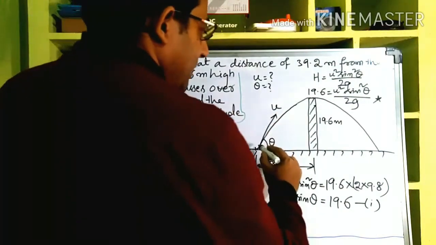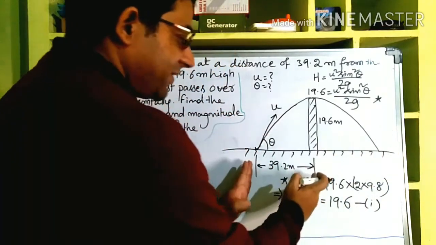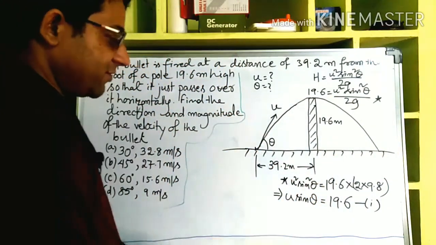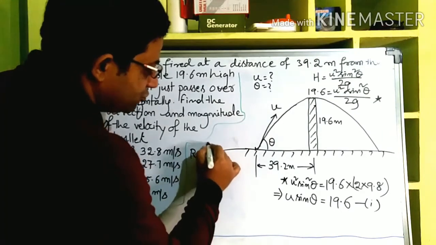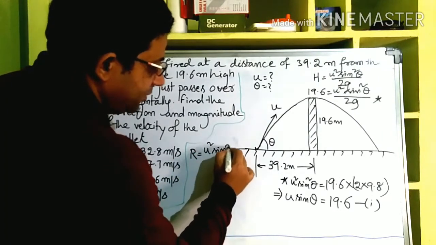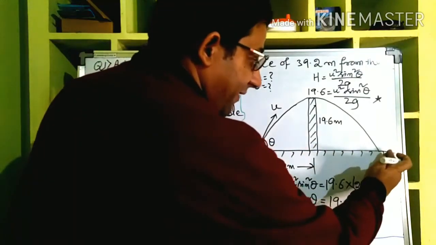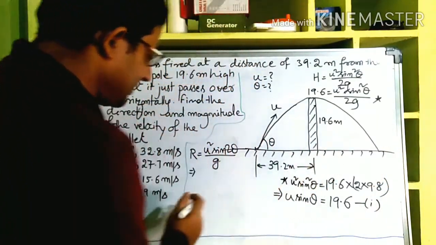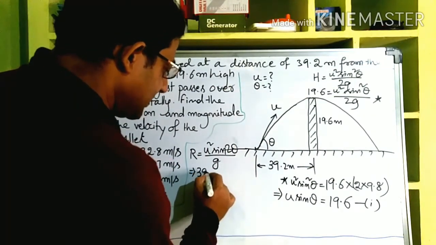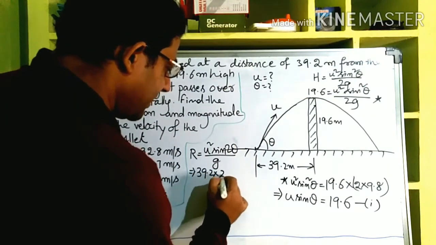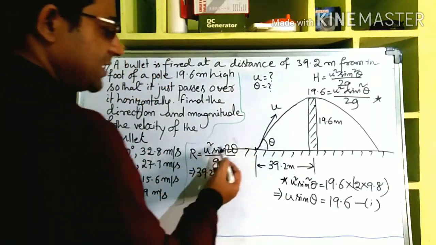Now we'll see, we have another formula for the range, right? Half of that range is 39.2, it is given in the question. And what formula we have? Range is equal to u square sine 2 theta upon g. And R is the total range, right? So half of that is given to be 39.2. So R is equal to 39.2 multiplied by 2, equal to u square sine 2 theta upon g.